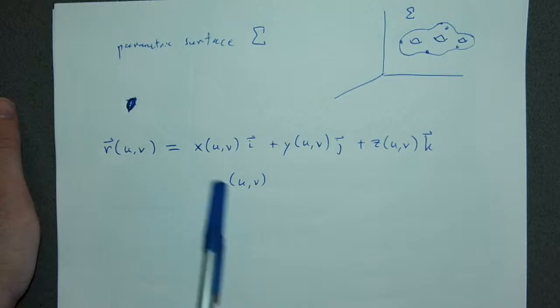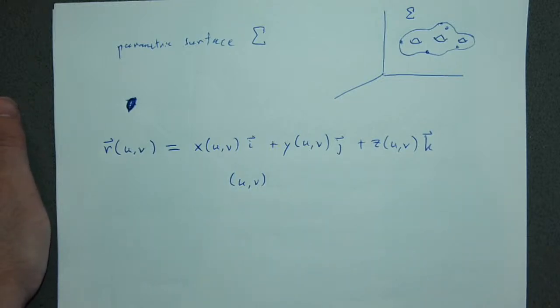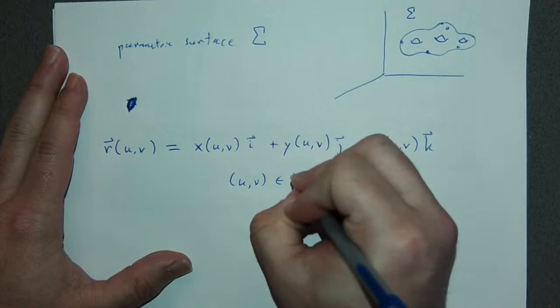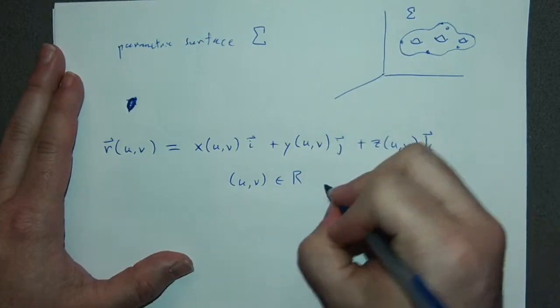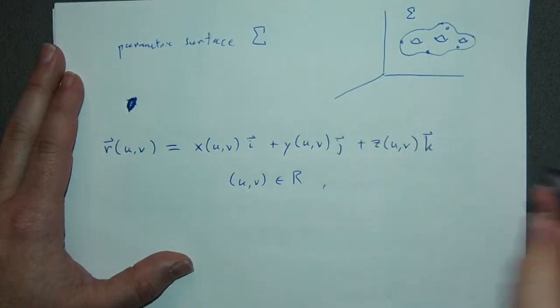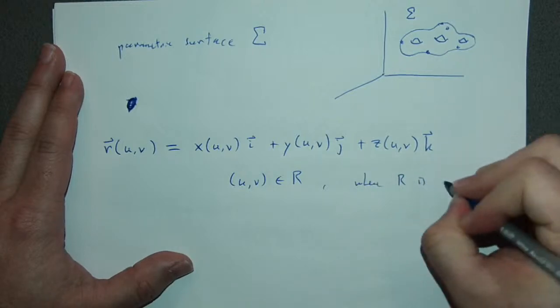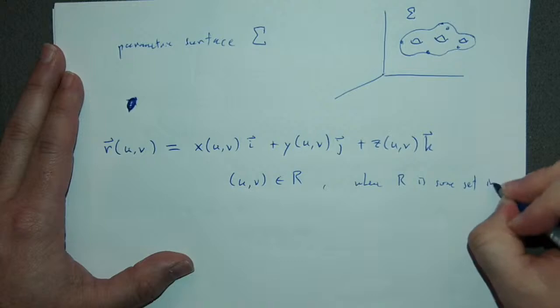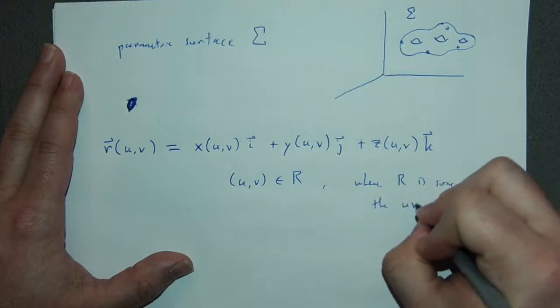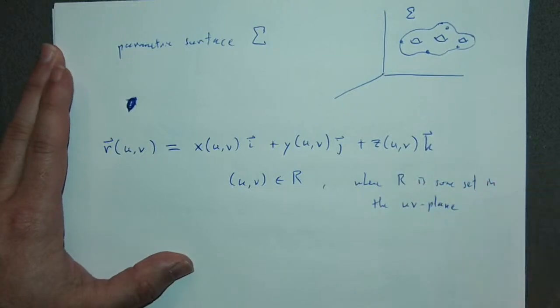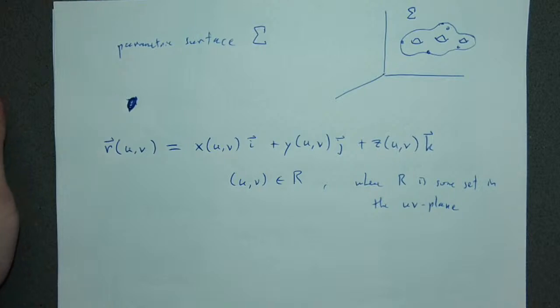Now, you can't separately say u lives in some interval and v lives in some interval, because then (u,v) would be like a rectangle, and that's not general enough. So (u,v) lives in some set R, where R is a set in the uv plane.